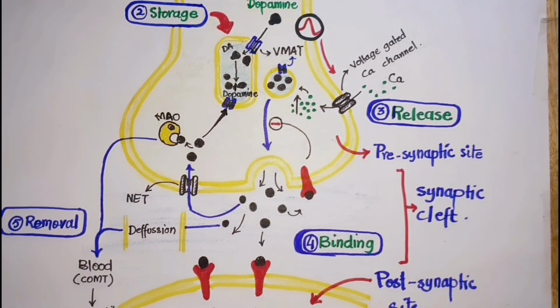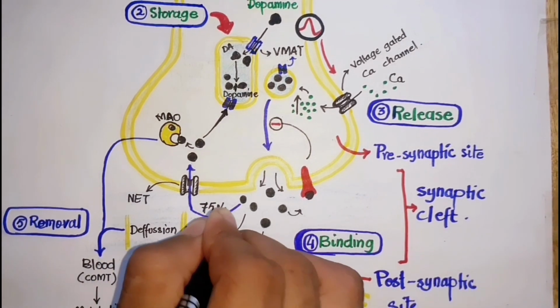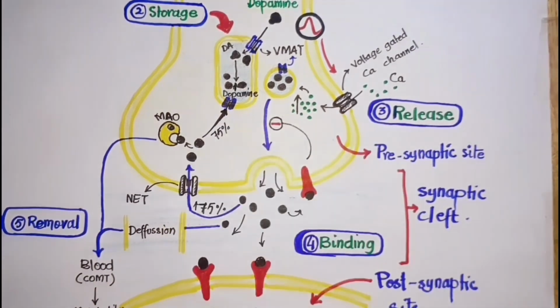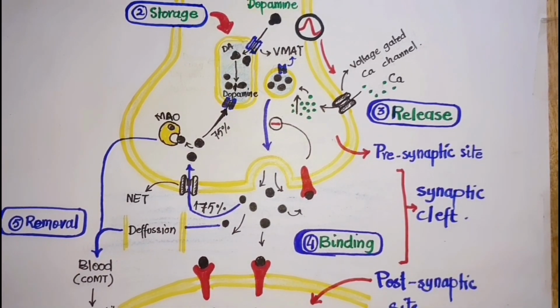Reuptake is the main pathway of termination of the action of norepinephrine, and about 75% of the noradrenaline released by sympathetic neurons is recaptured and repackaged into vesicles.